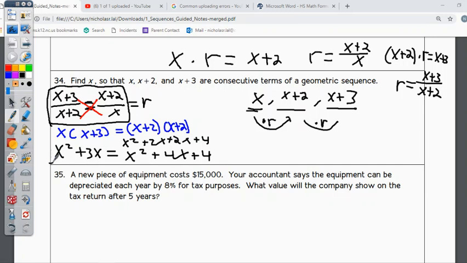Subtract x squared from each side. Subtract 3x from each side.